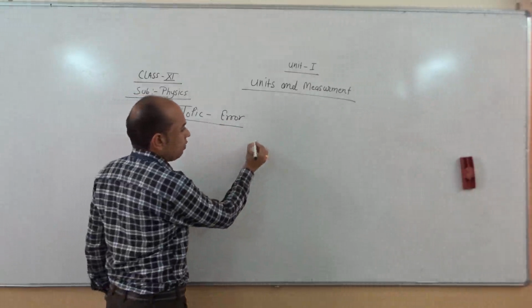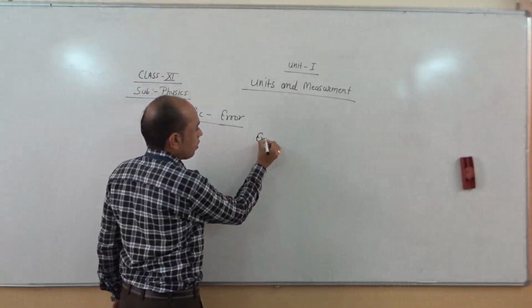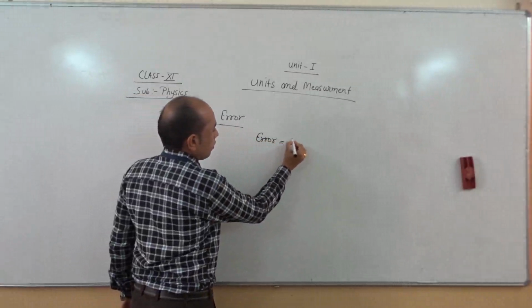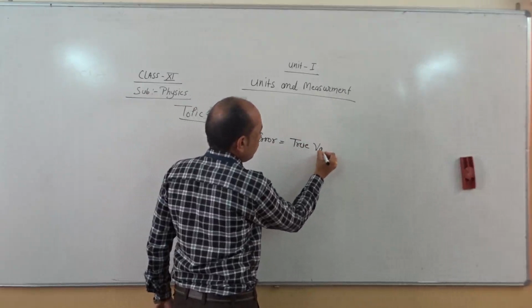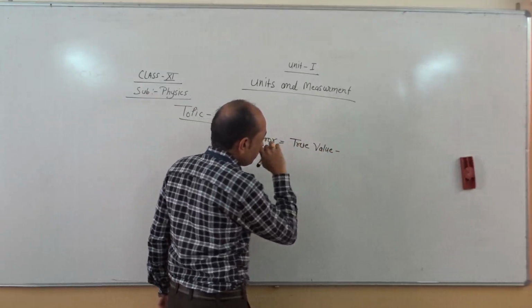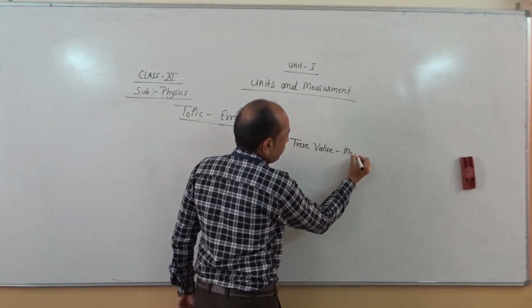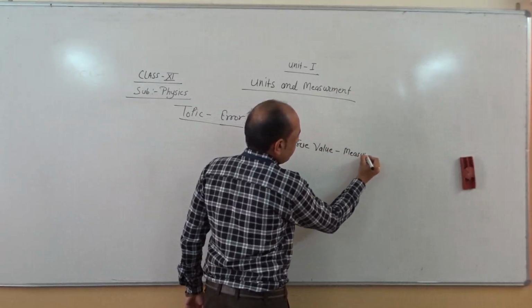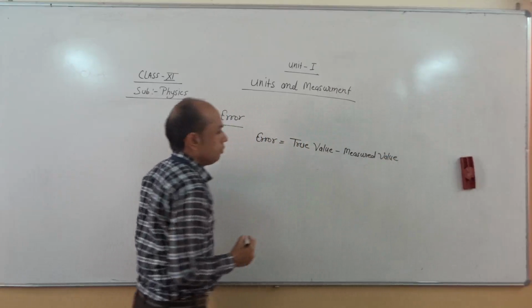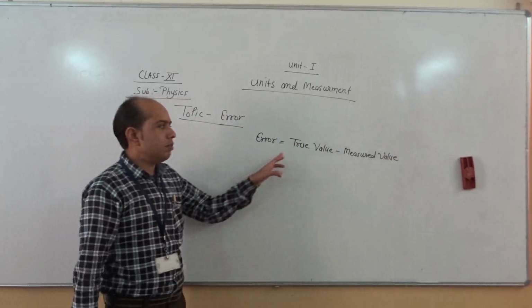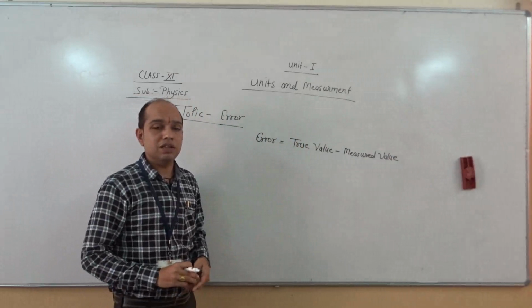So error is defined by true value minus measured value.